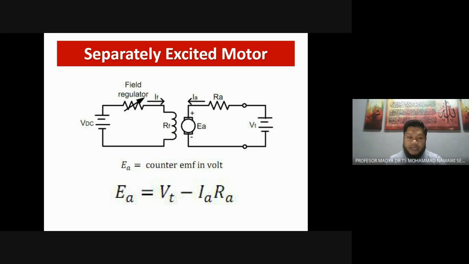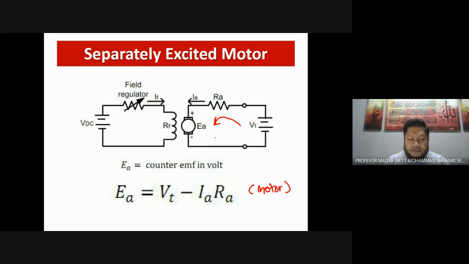All right, so back EMF equals EA, and the equation for EA is, if you use this KVL, you can find that EA equals VT minus IARA, and this is motor operation, because current flows into the back EMF here.